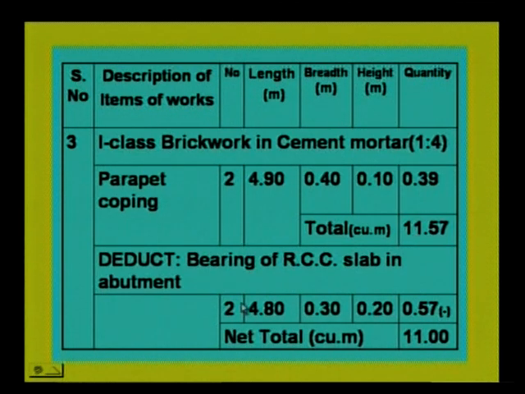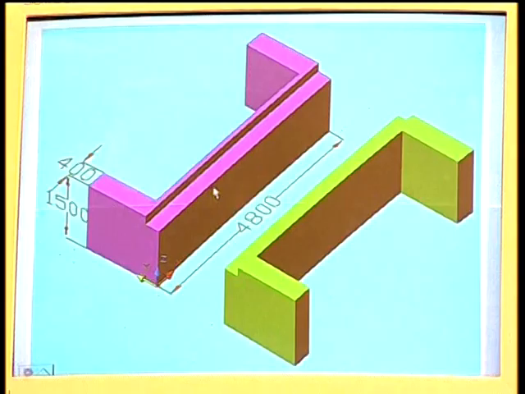Now from this you have to deduct the bearings for the RCC slab. Just look at the picture. This portion here is the bearing of the slab. For this much quantity you have to deduct from the total quantity calculated.